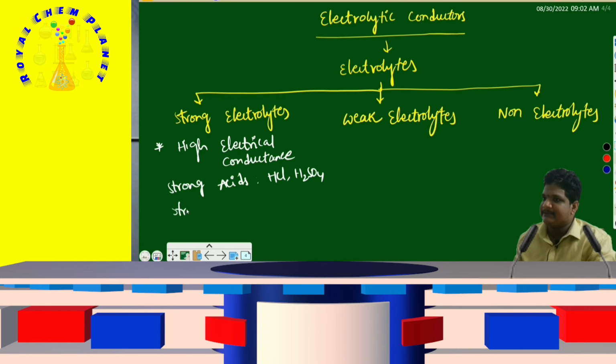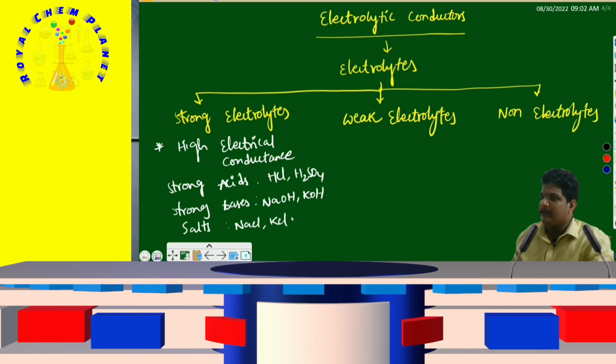Strong bases like NaOH and KOH can also produce high electrical conductance. And salts like NaCl and KCl.